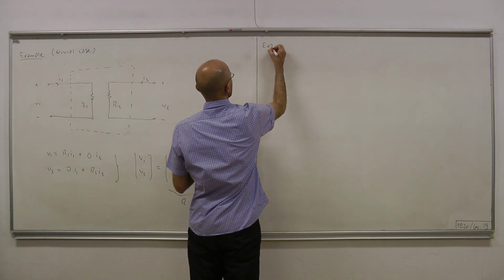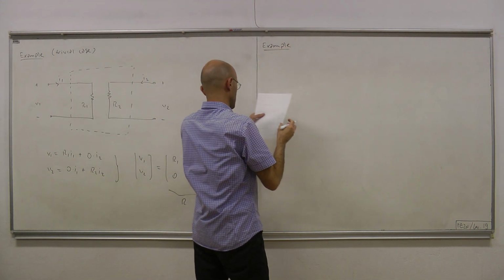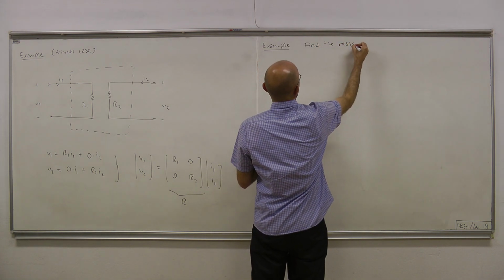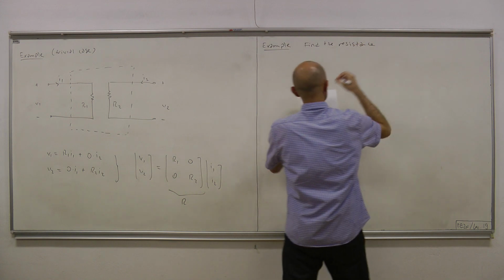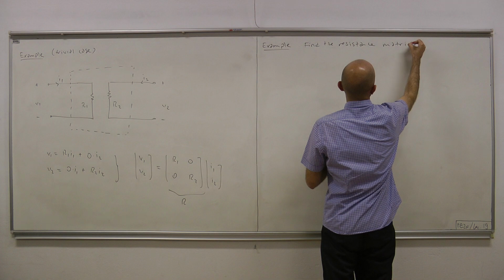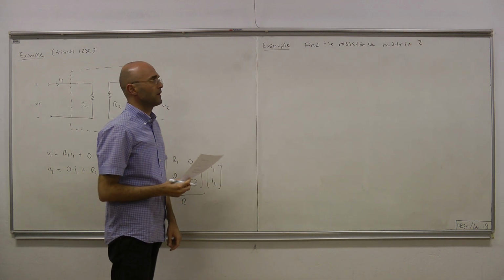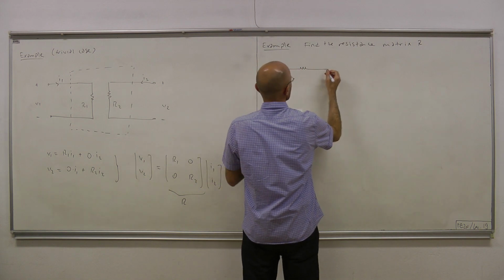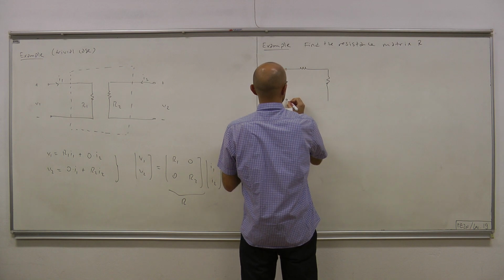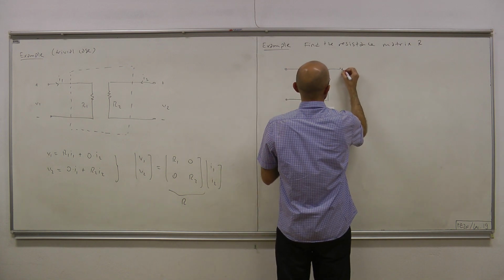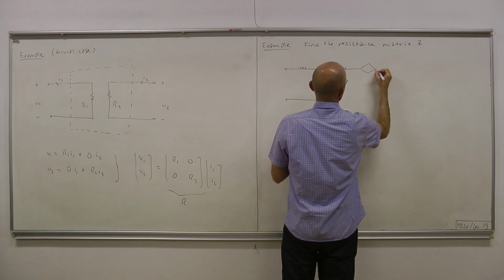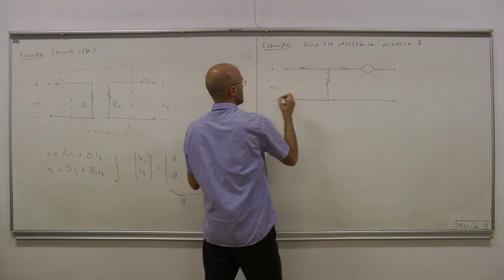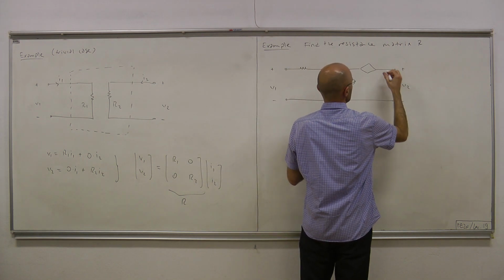Here's our second example, which is not as trivial. Find the resistance matrix R for the following 2-port. Plus minus V1, plus minus V2.